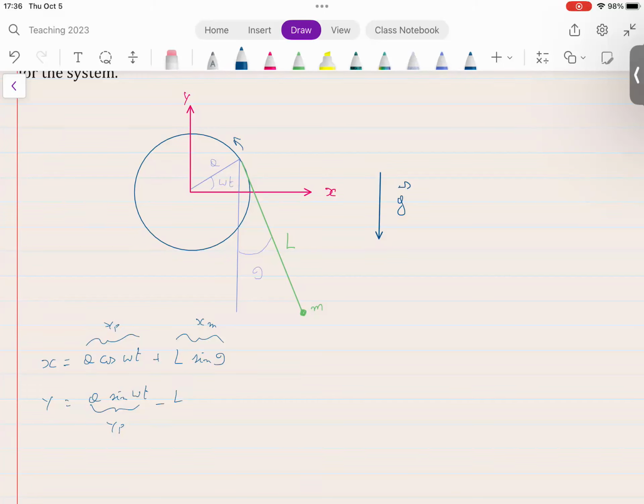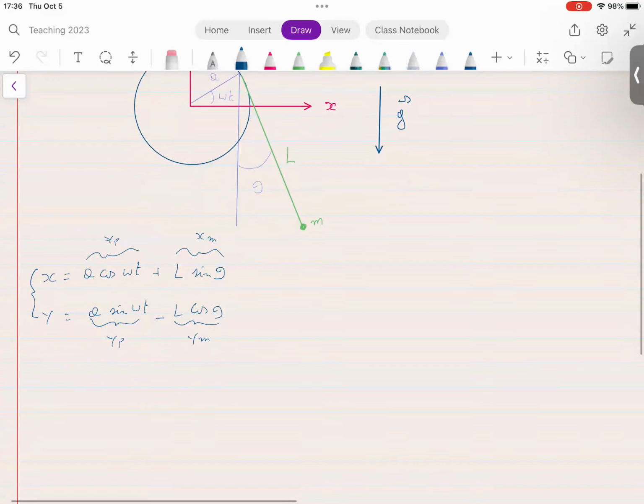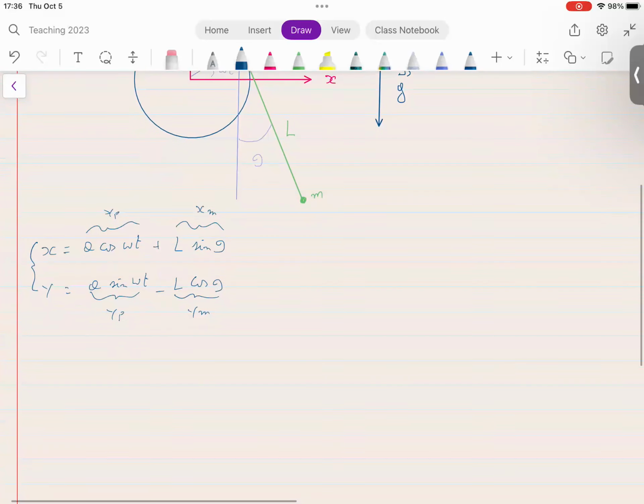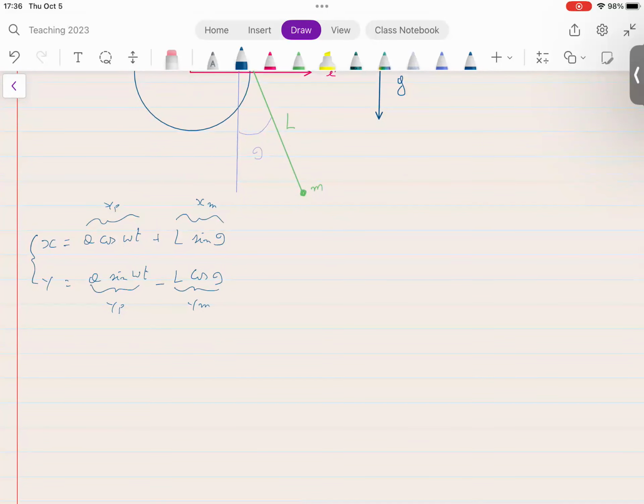The coordinate is L times the cosine of theta, which I can call y sub m. So that's the complete position of the pendulum. Then I can get the velocities.